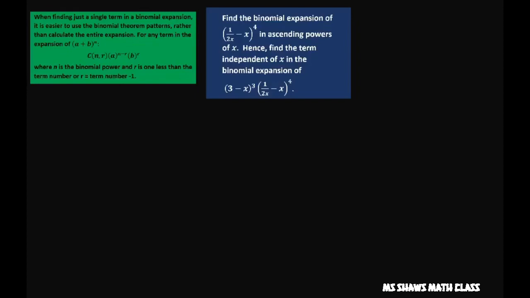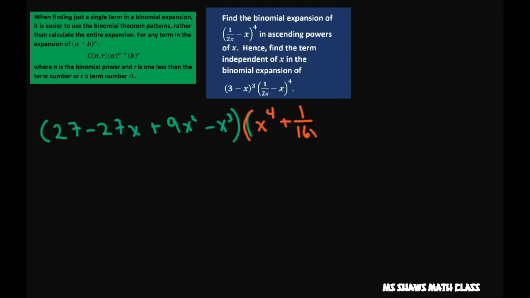We're going to write 27 minus 27x plus 9x squared minus x cubed times our other first piece we did, which was x to the fourth plus 1 divided by 16x to the fourth minus 2x squared minus 1 over 2x squared plus 3/2.